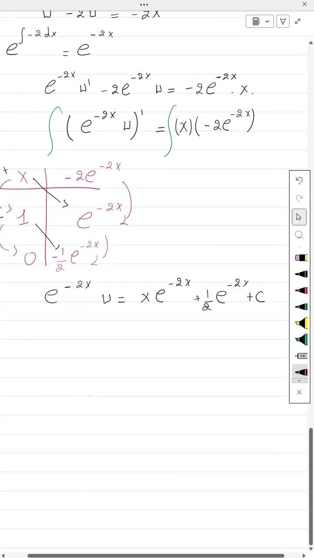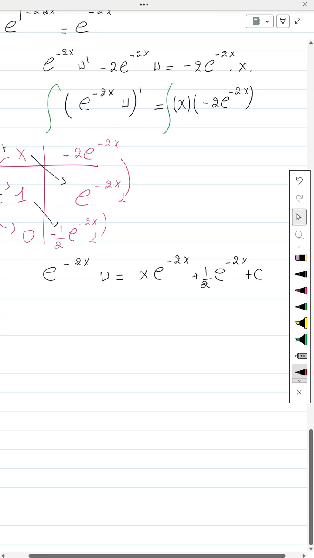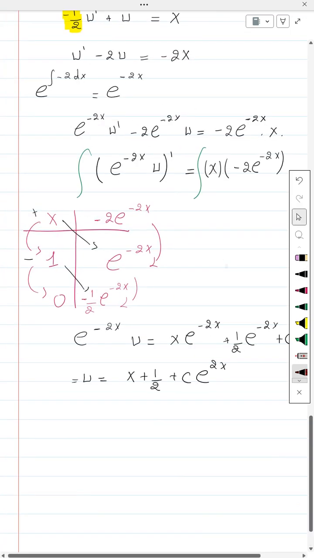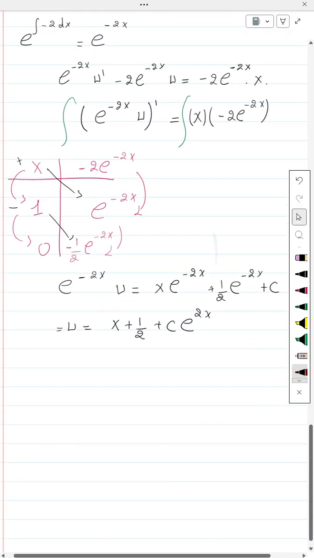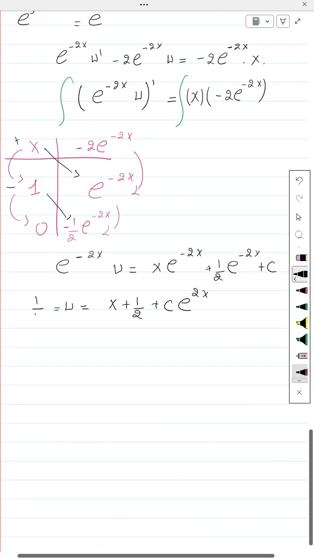So by multiplying by exponential 2x, we're going to obtain u is going to be x plus 1 over 2 plus c exponential 2x. And u, as you know, is 1 over y squared.